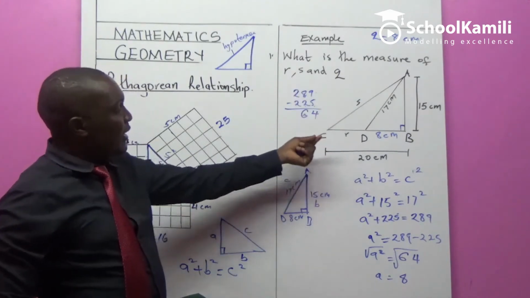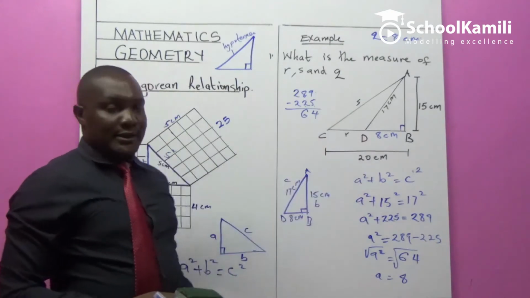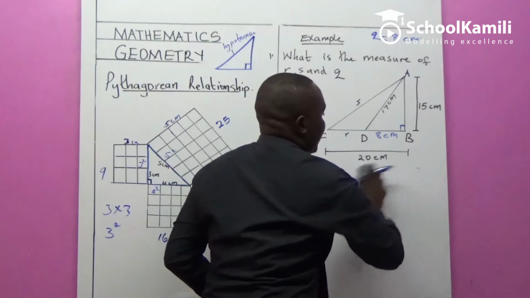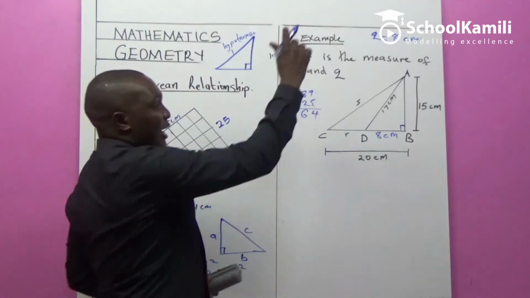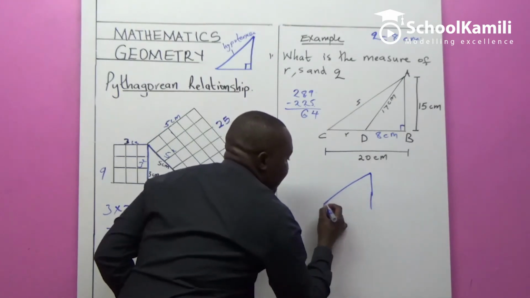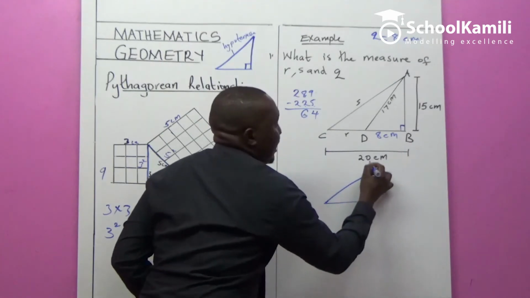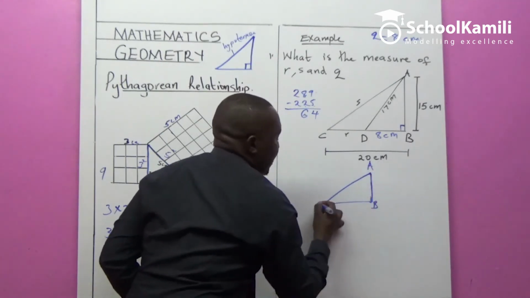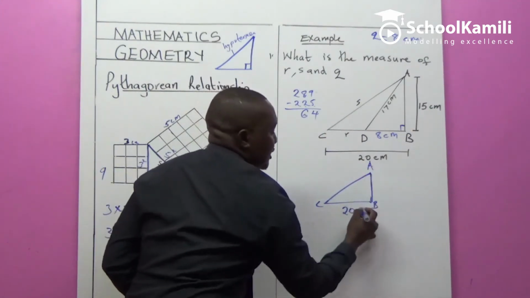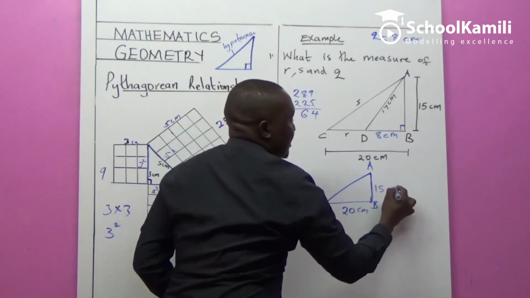Let's now find out whether we can get the S. How do we get S? How do we get S, pupils? We now take the bigger right angled triangle where we have A, B, and C. So our BC is 20 centimeters, you can see from the board, and our AB is 15 centimeters.